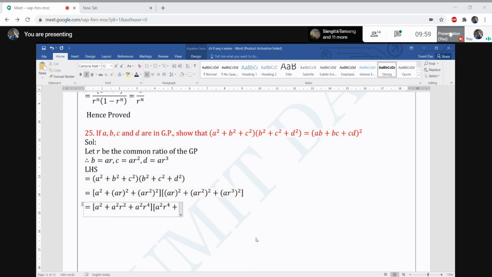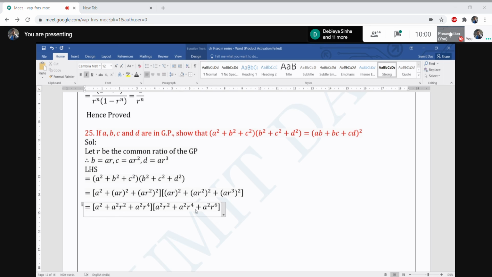Just simplification I'm doing, I'm not explaining anything, you just study by yourself. Here it will be ar square whole square, not r to the power 4 but a square r square. Then a square r to the power 6.